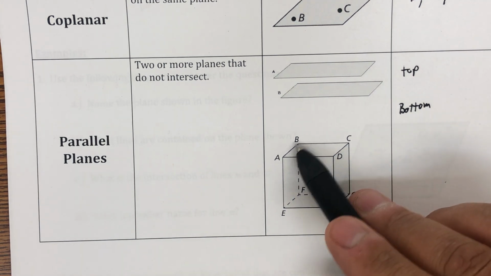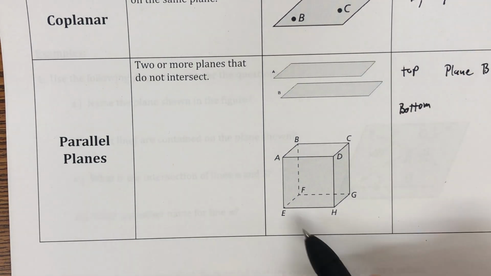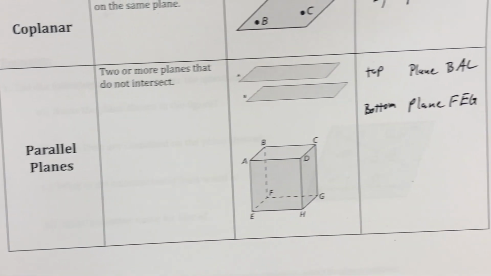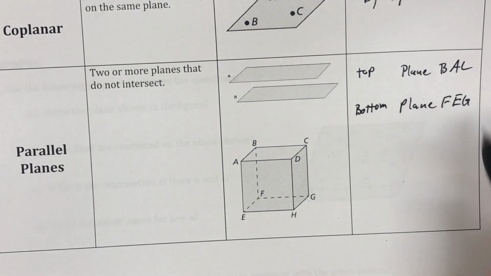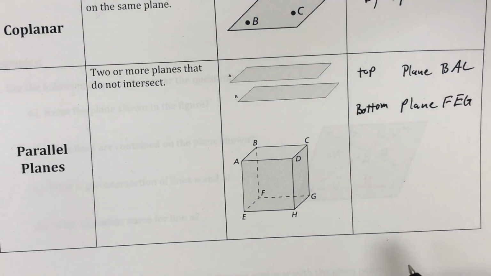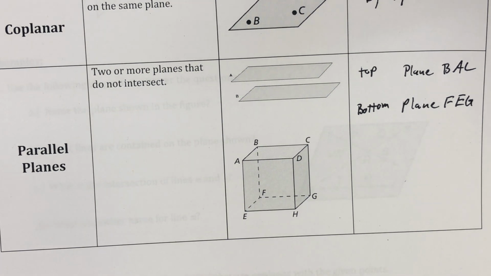So I'm going to take B, A, and C. So plane BAC is parallel to plane bottom FEG. And again, when I name the plane, I do not need a comma between the points. So BAC on the top, FEG on the bottom. And that's the basis for our definitions for planes.